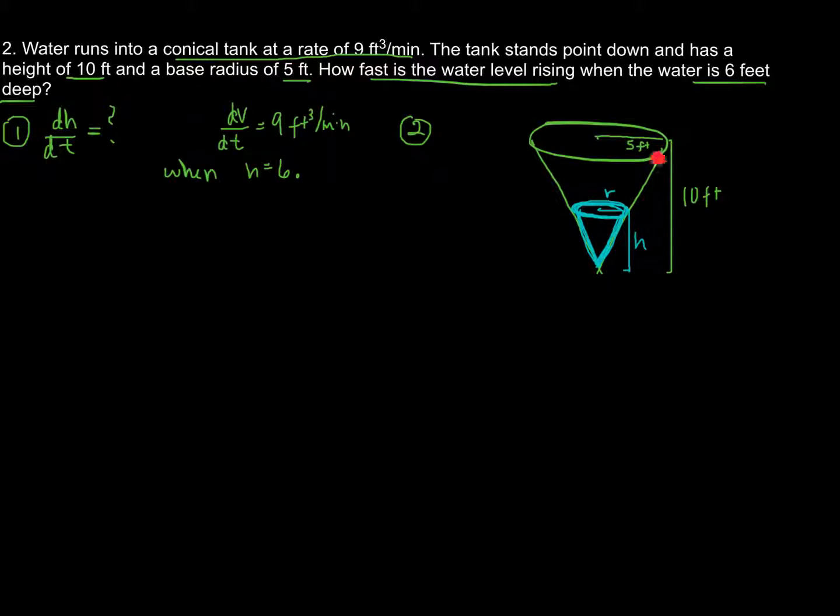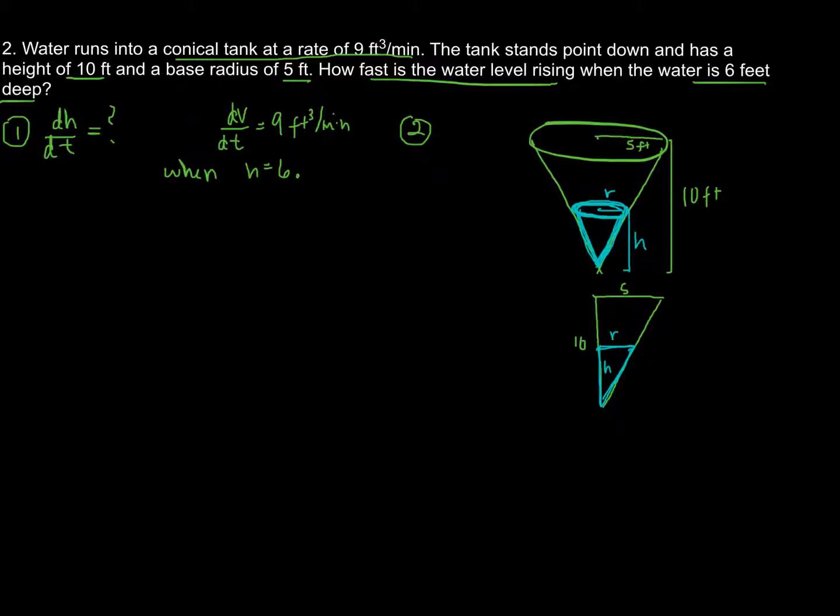And inside this larger triangle is a smaller triangle with sides that are the radius and the height of the cone of water. And so if I redraw this outside of my cone, I have a triangle with another triangle embedded in it. And these are what's called similar triangles, meaning the ratio between their sides are the same.